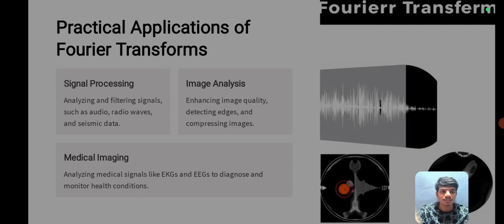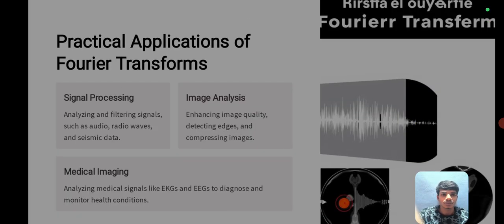Image analysis is nothing but enhancing image quality, detecting edges, and compressing images. The next point we have is medical imaging, analyzing medical signals like EKGs and EEGs to diagnose and monitor health conditions. This is about the practical applications of Fourier transforms.